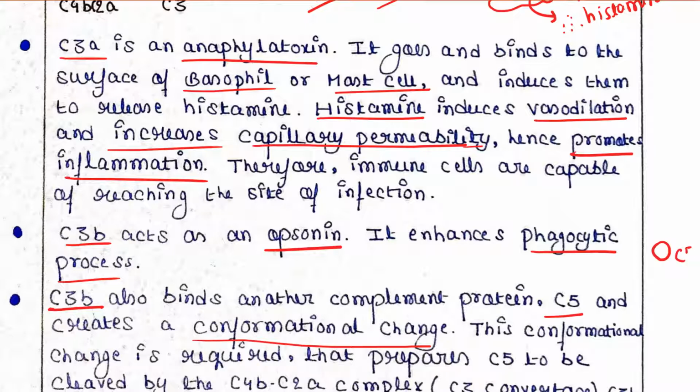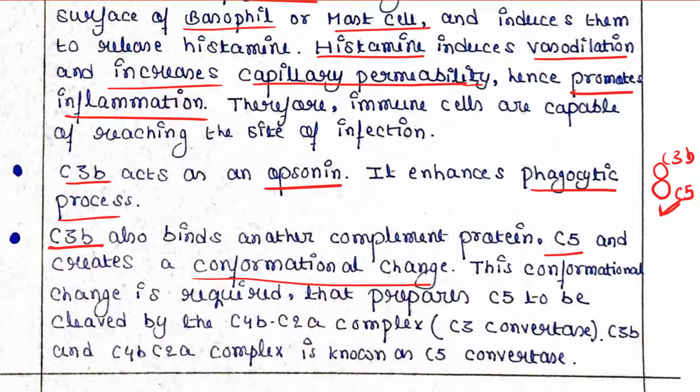So this is C5 and C3b binds this C5 and creates a conformational change on that C5. This conformational change is required because it prepares C5 to be cleaved by the C3 convertase or C4b-C2a complex.